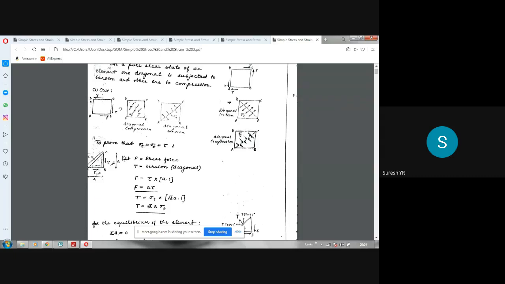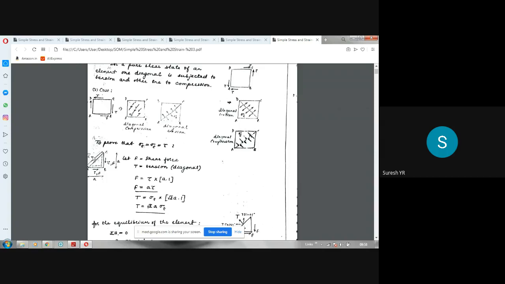Just for derivation purposes, I take the thickness of this element as 1. I have to assume thickness because I need the area. When stress is multiplied by the area, you get the force. That is why I am assuming thickness as 1 here. Now let us take F as the shear force, T as the tension force. So this tension force is acting along this AC. Please note.